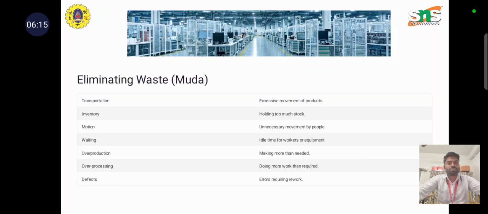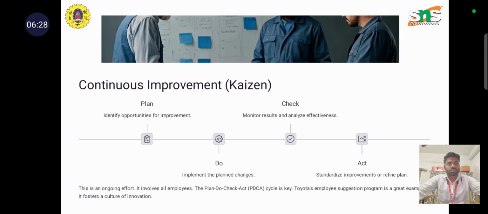These are the possible wastages during the process. By eliminating this waste during production, there is a huge possibility that we attain perfection.